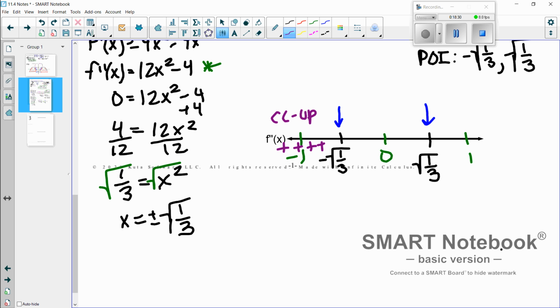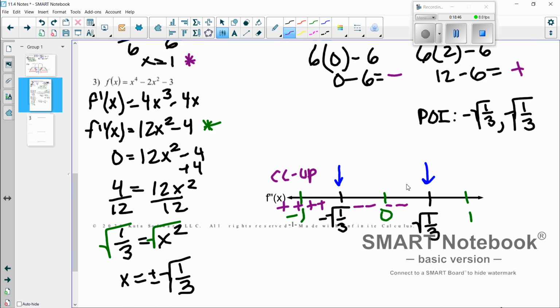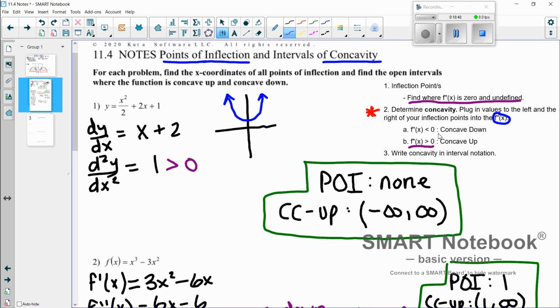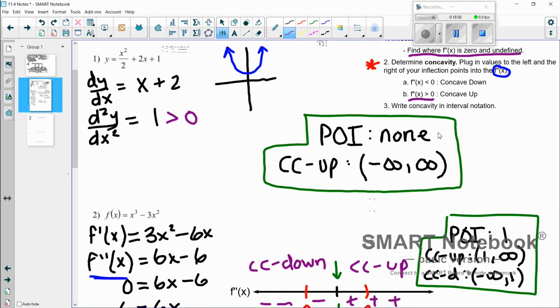Now let's plug in 0. Well, 0 squared is still 0, times 12 is still 0, minus 4, well, that's a negative number. So the second derivative is less than 0. Again, it says right here in these steps, this is case A in this interval.